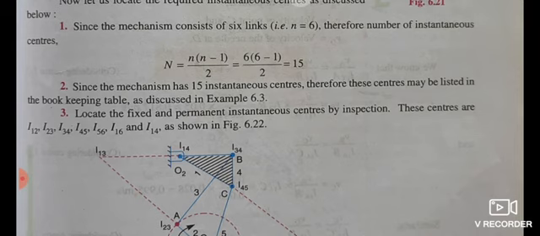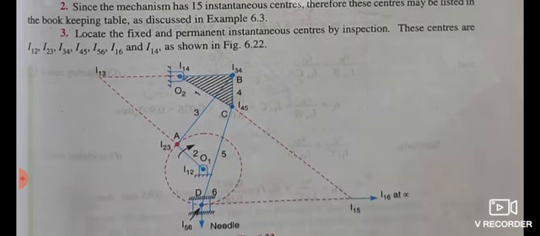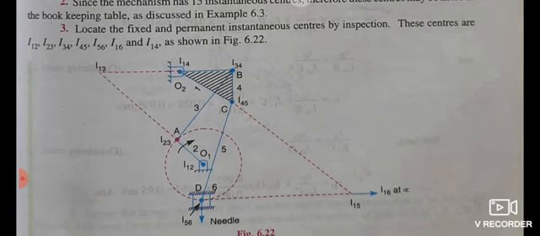Third point, locate the fixed and permanent instantaneous centers by inspection. These centers are I12, I23, I34, I45, I56, I16 and I14 as shown in this figure.